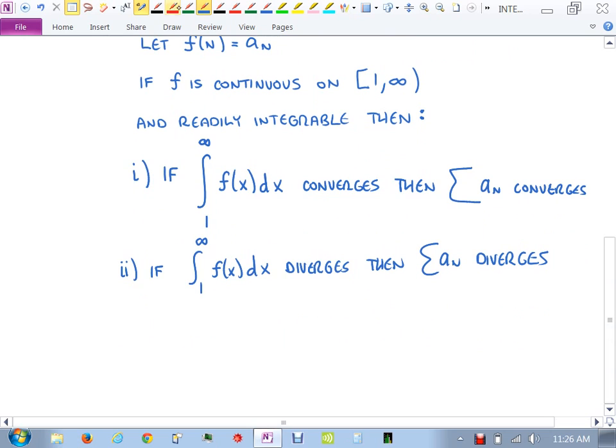Couple of notes here to realize. Note what we need: f continuous, f decreasing, f greater than 0.